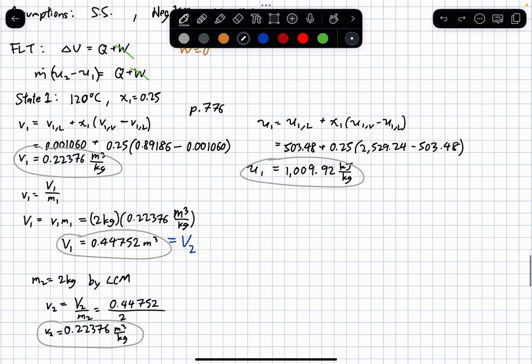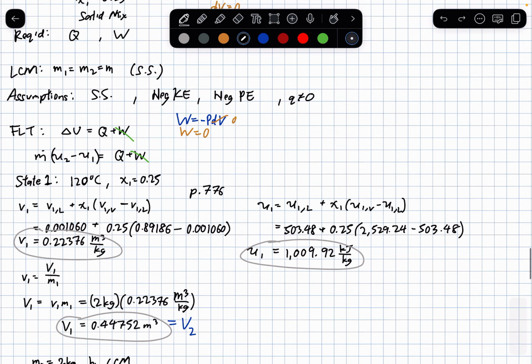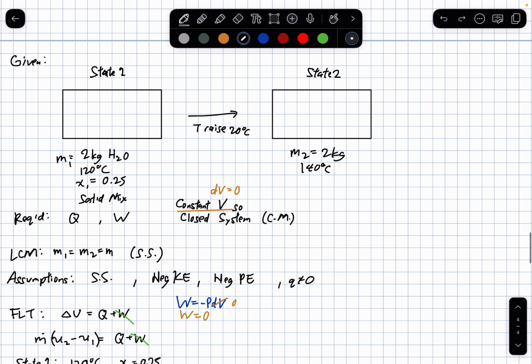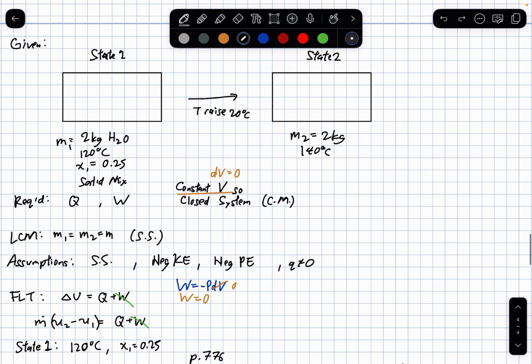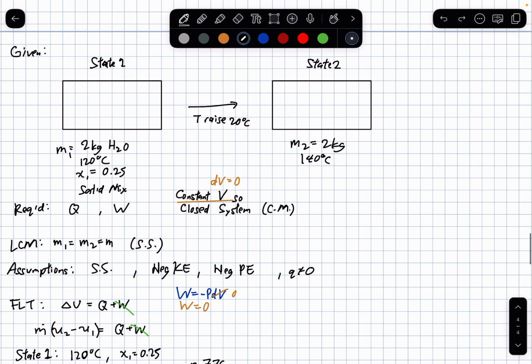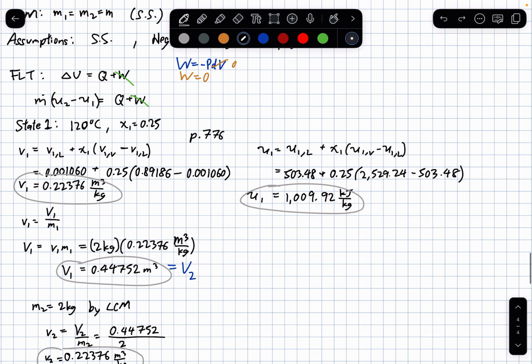So let's find U sub 2. Do we have information for U sub 2? I mean, quality rather. Because we're not sure about the condition in state 2. All we know is 140 degrees Celsius. But what do we do with it?